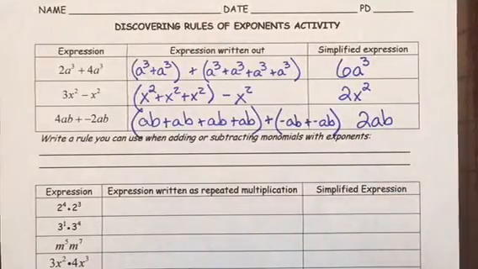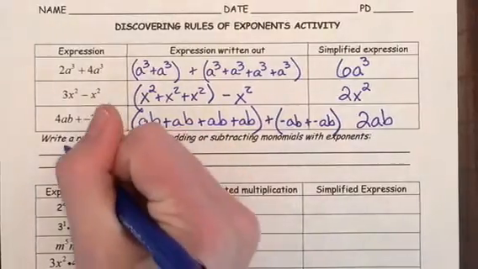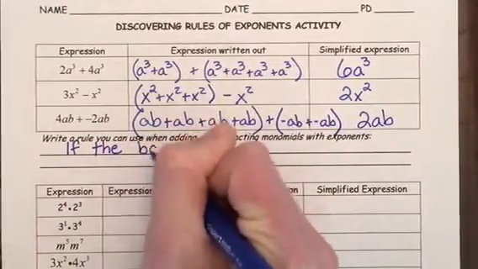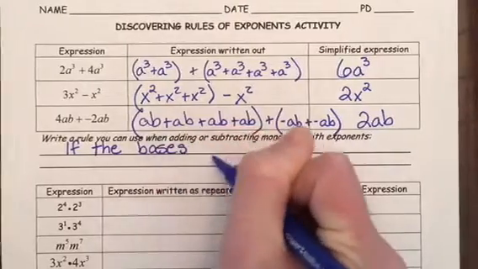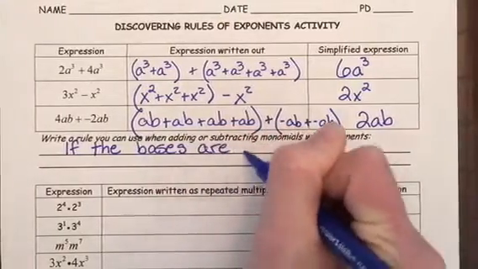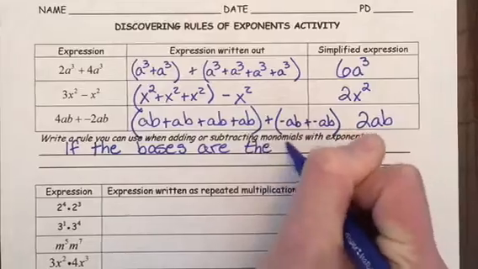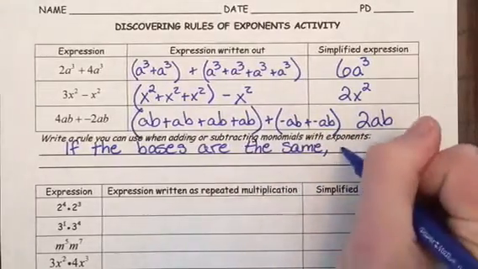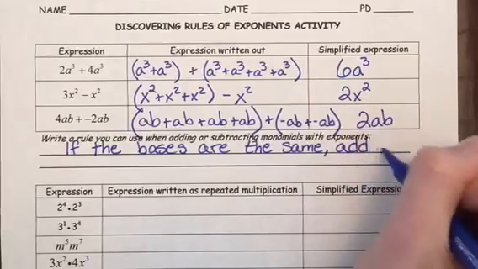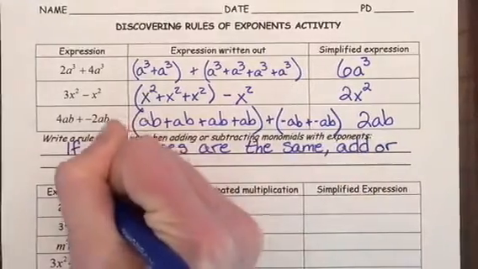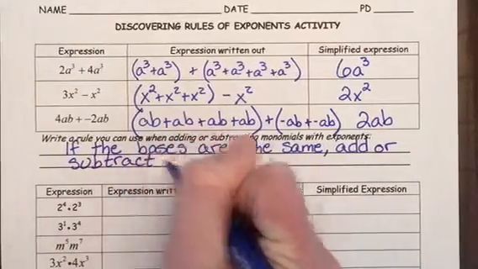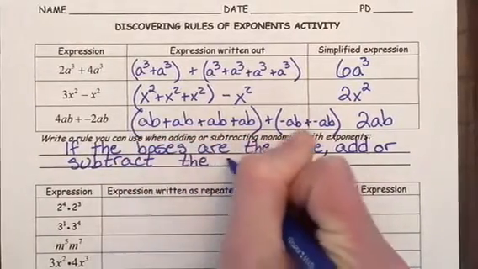So the general rule, if the bases are the same, you can add or subtract the coefficients.